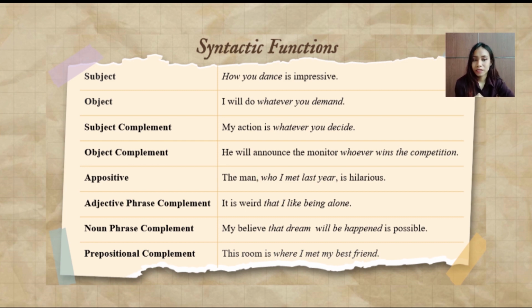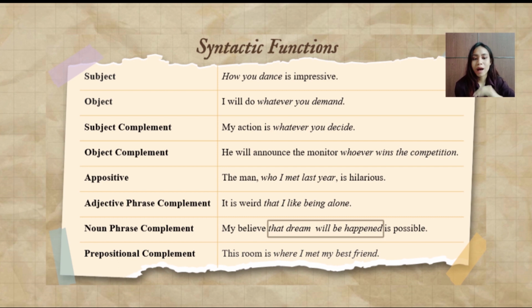Next one, adjective phrase complement. It is weird that I like being alone. That I like being alone here is the adjective phrase complement because it explains the previous adjective, which is the word weird. Next one, noun phrase complement. My belief that dream will be happened is possible.